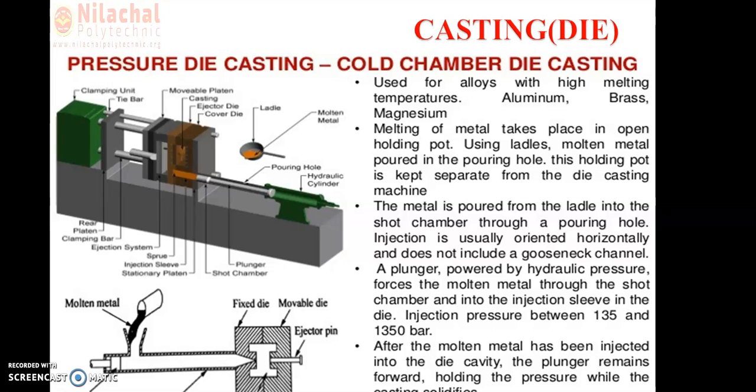Cold chamber die casting process differs from hot chamber die casting in the following respects. Number one, the melting unit is not an integral part of the cold chamber die casting machine. Molten metal is brought and poured into this die casting machine with the help of a ladle.